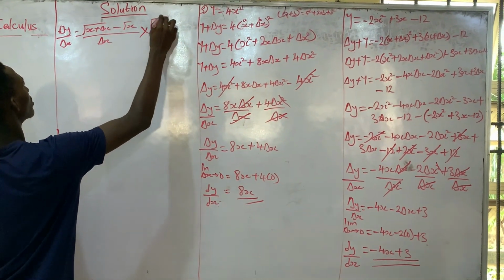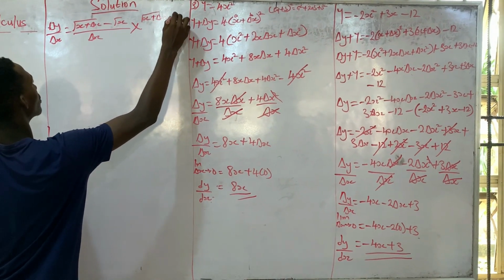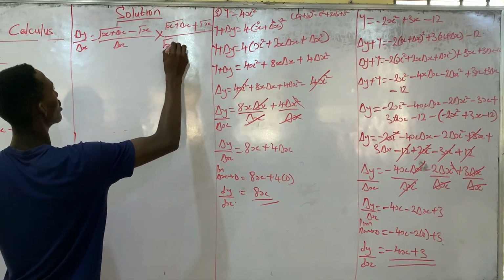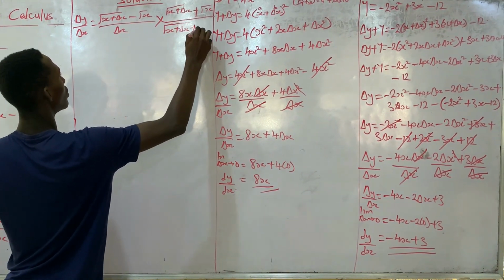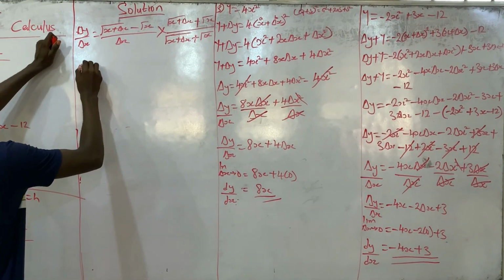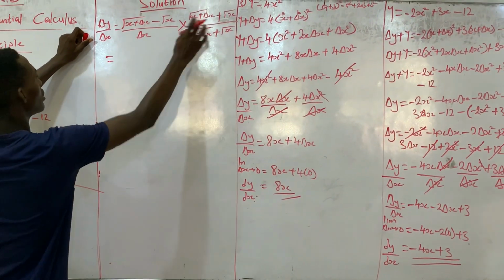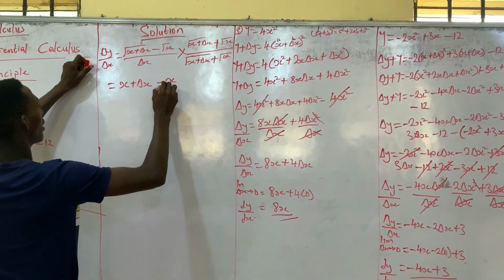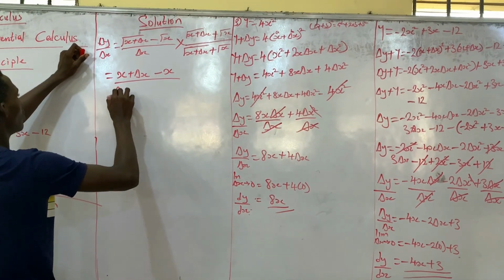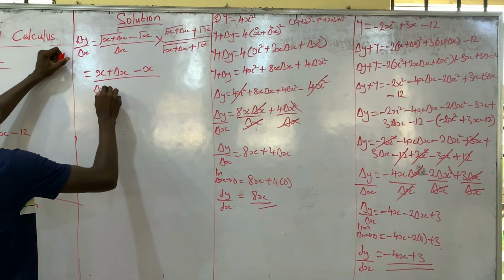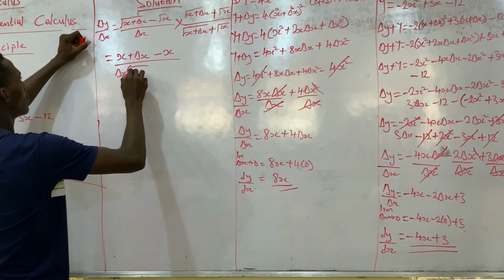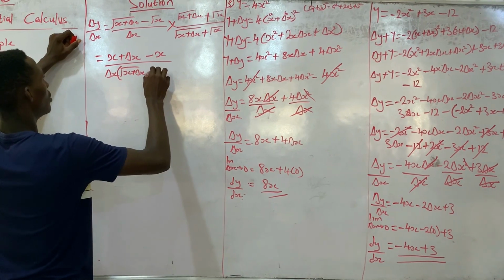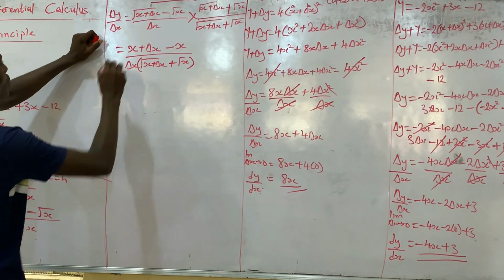Then you multiply by the conjugate, so this becomes x plus change in x minus x, over change in x in bracket root x plus change in x plus root x. Now this will cancel out each other.